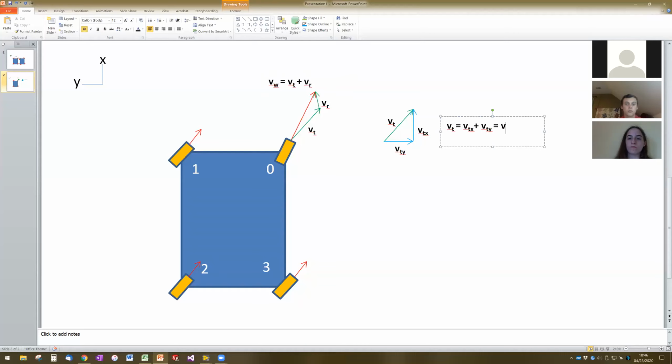So you could describe them as not bolded v, ty or tx plus not bolded v, ty. Now, in order to be fully appropriate, we do still need to have information about the direction here, because we are still summing these together to get a vector.